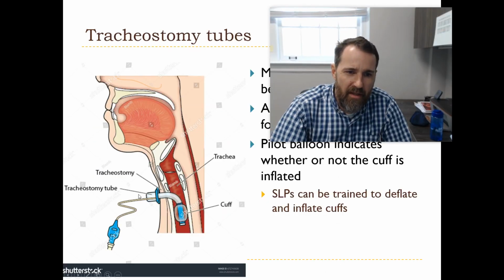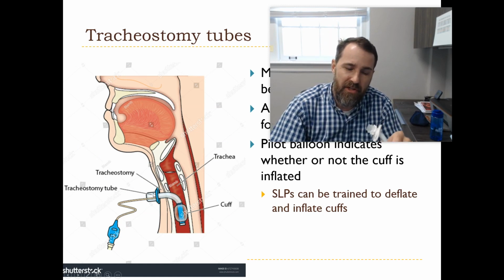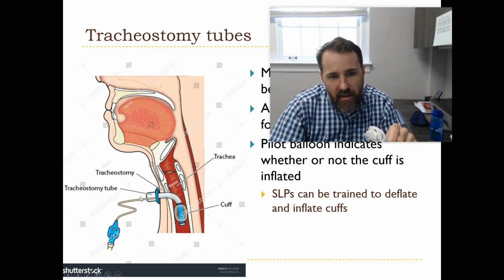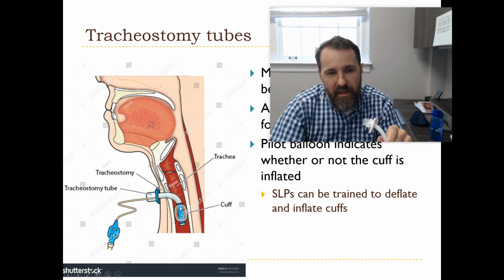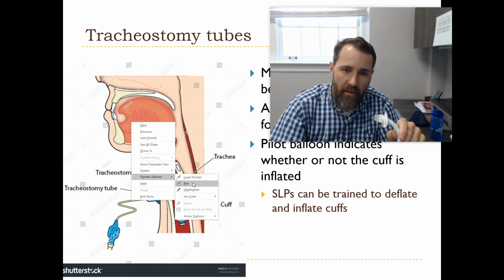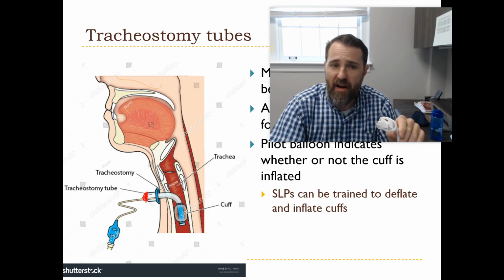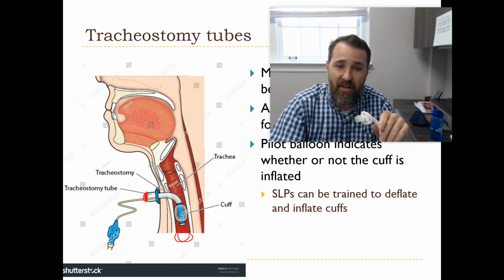So let's look at this image real quick and start thinking about capped versus uncapped tracheostomy tubes. So this guy has an inflated cuff. There's no fenestration. So if you went in and capped that tracheostomy tube, there would be no air going in and out from his lungs.